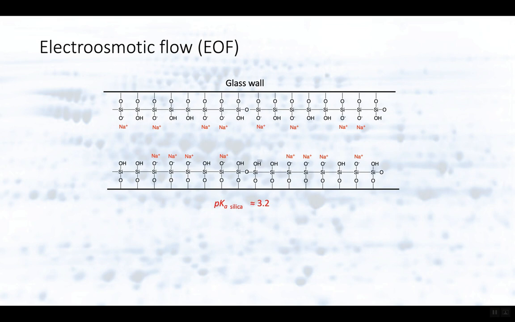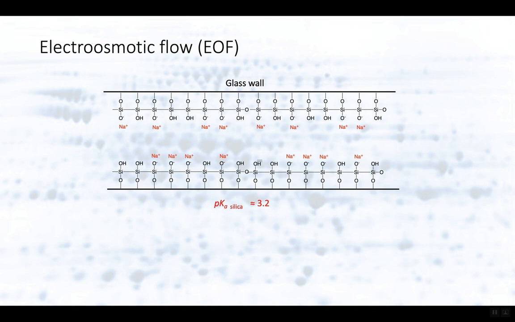Now there's one other thing we have to digress into, and it turns out we typically use glass or silica as our flow channels. We can also use plastics. The same behavior works for all plastics, including Teflon. But the surfaces of that glass wall are or can be ionized.